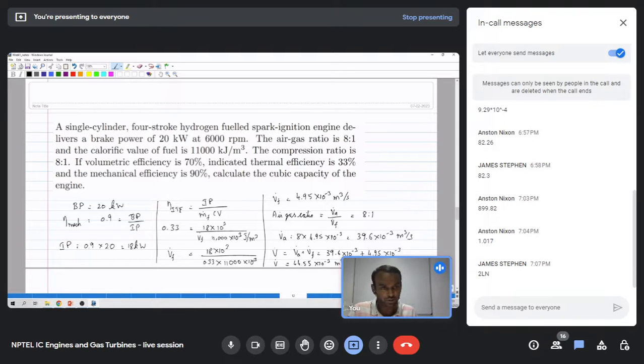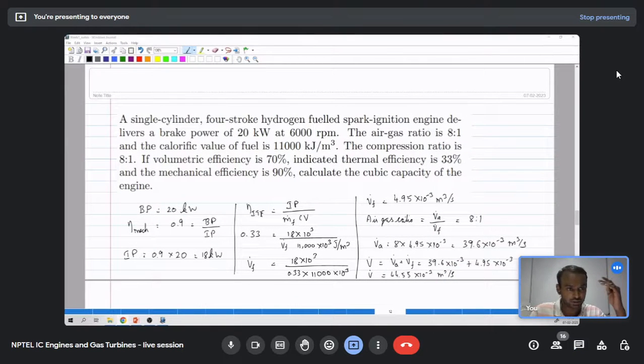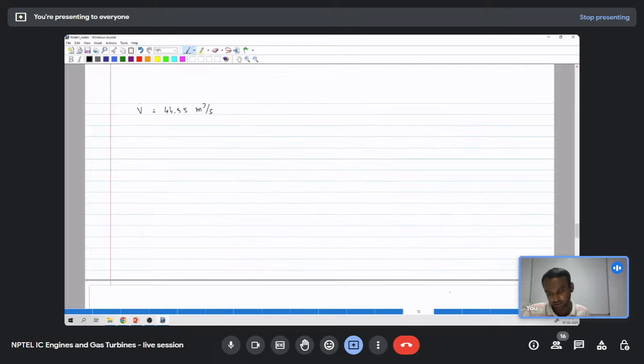Now, any idea how we can go with the problem? We have the total fluid volume flow rate that has to go in. We have the volumetric efficiency, and we need to calculate the cubic capacity. Before that, we can calculate volume.